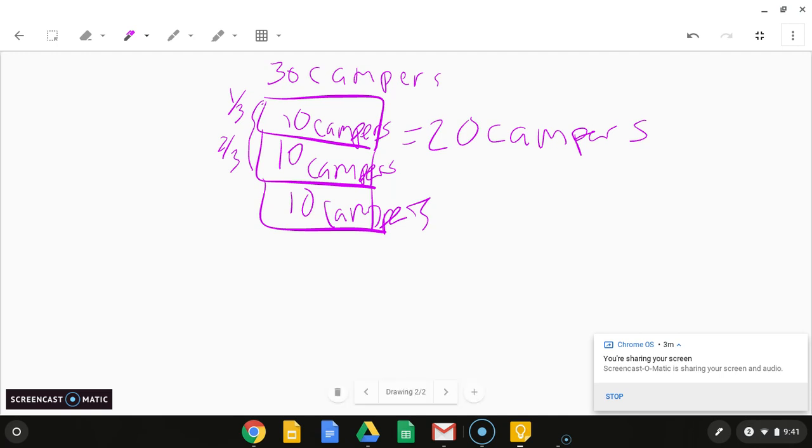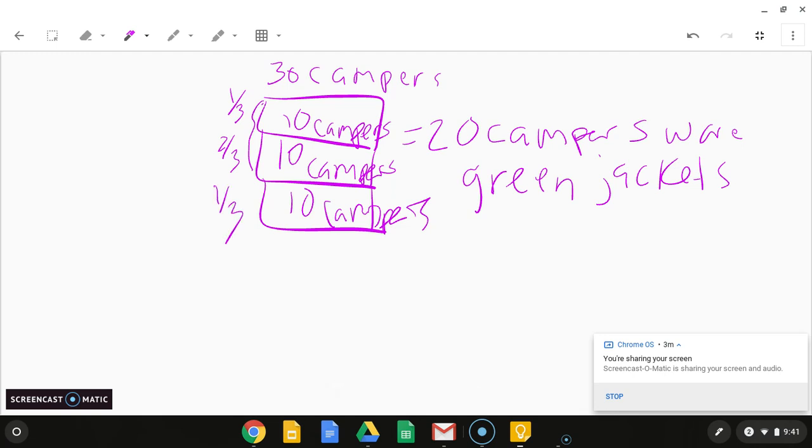Now these are the 20 campers who wore green jackets. And then I have 10 campers who did not wear green jackets. So 2/3 wore green jackets and 1/3 did not. So no green jackets.